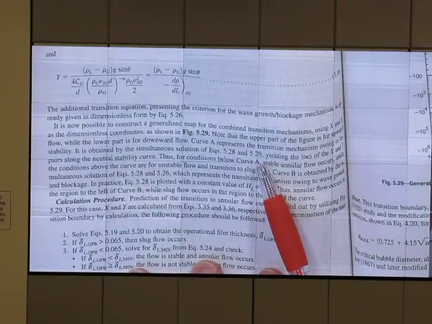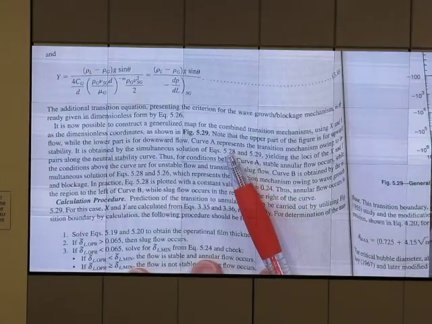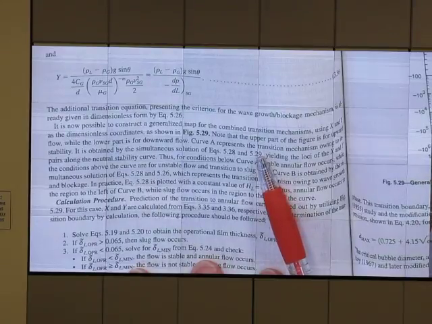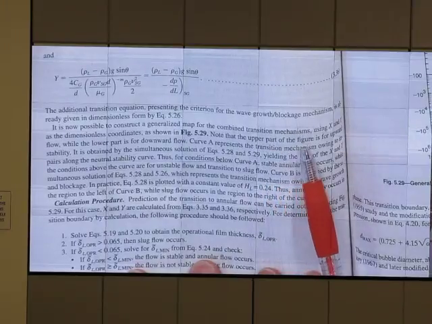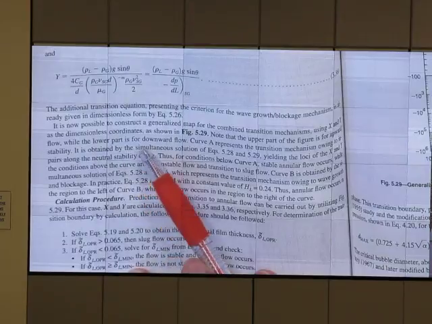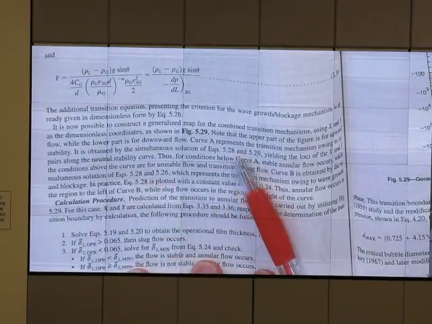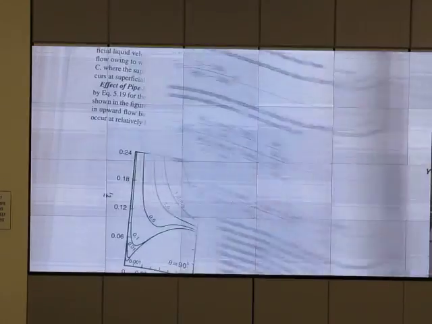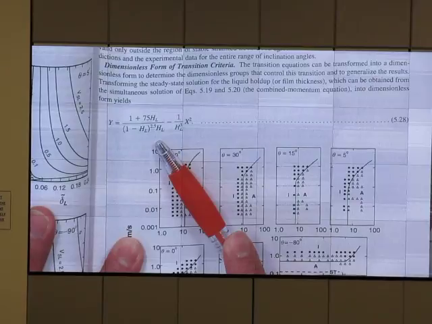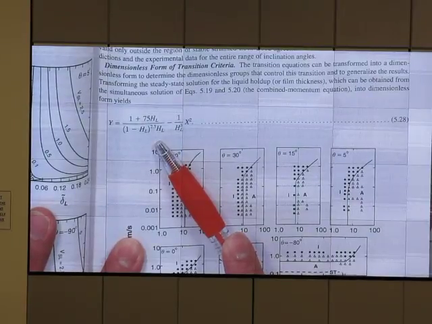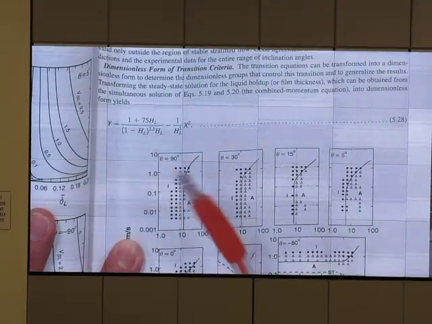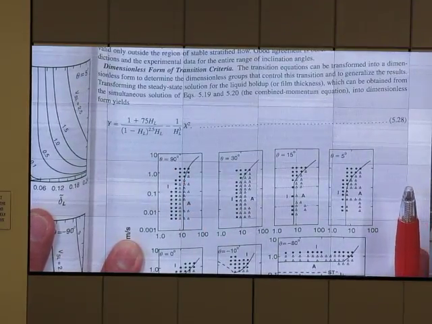So curve A is from 5.28 and 5.29. Curve A represents the transition mechanism moving to the instability. It is obtained by simultaneous solution from 5.28 and 5.29. 5.28 is the dimensionless form of the combined momentum equation.